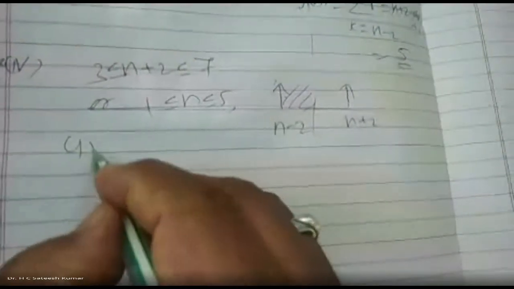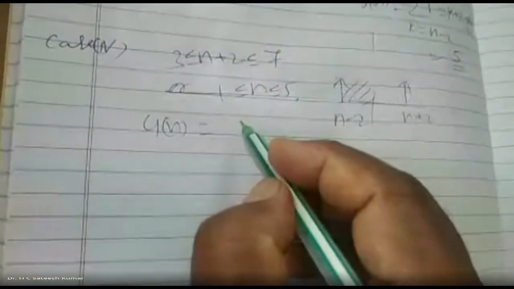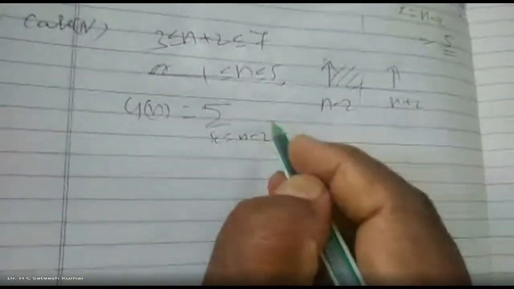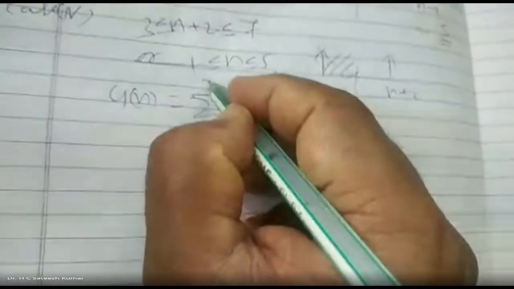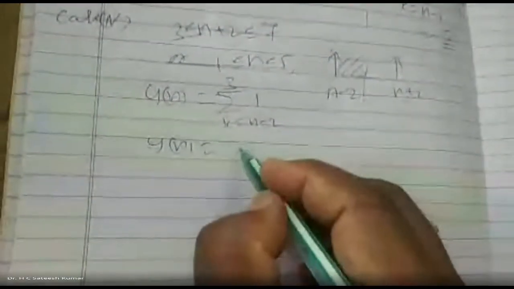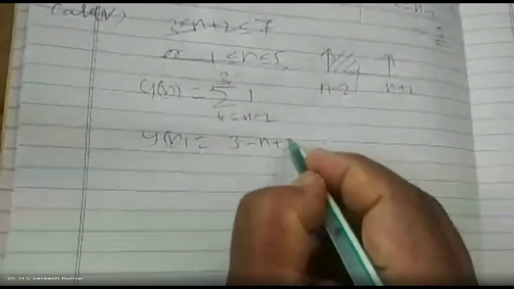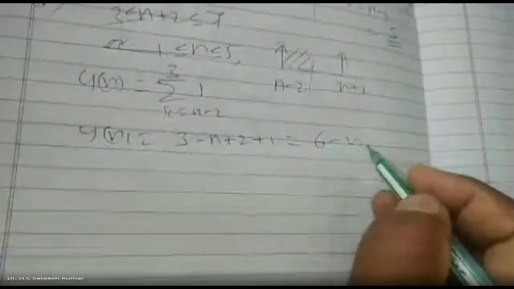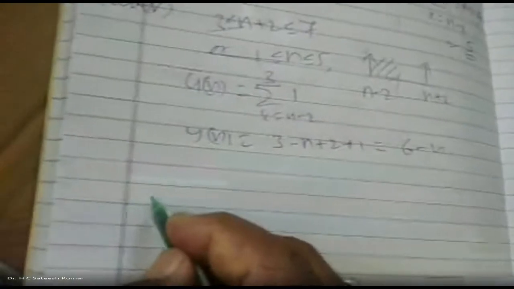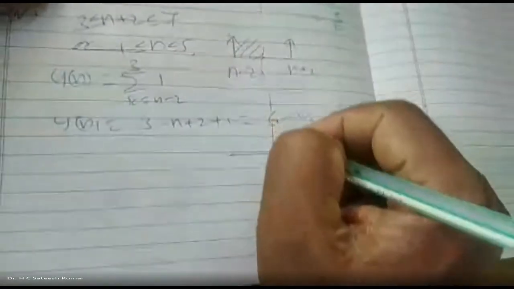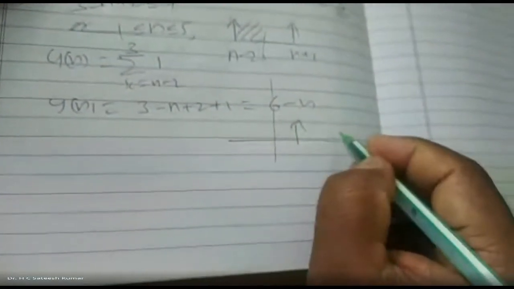y of n is equal to what? Summation k varies from where to where? N minus 2 to 3, 1, which is equal to y of n is equal to 3 minus n plus 2 plus 1, which is equal to 6 minus n. The last case.